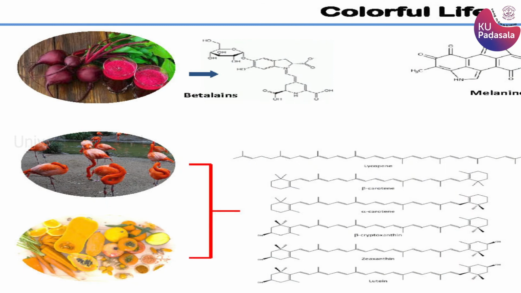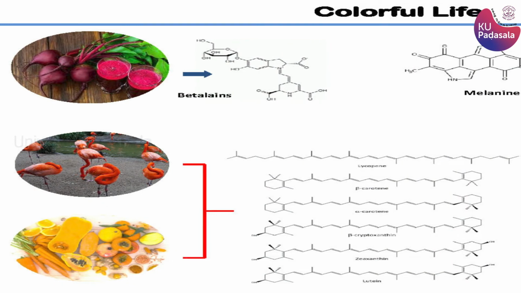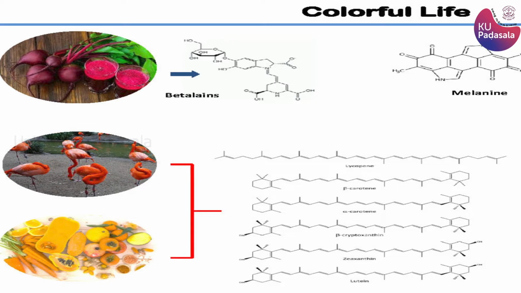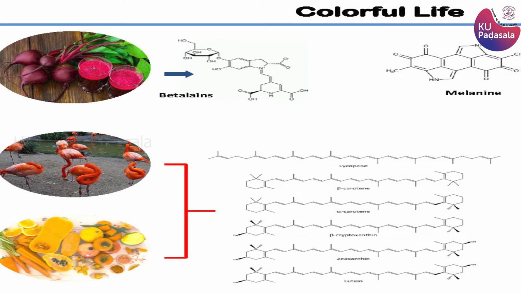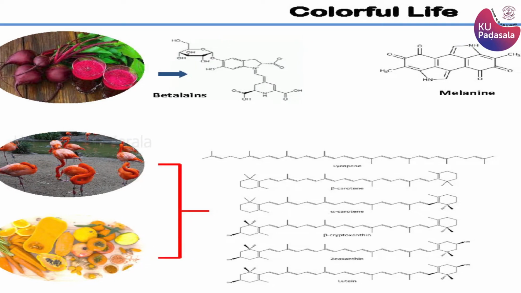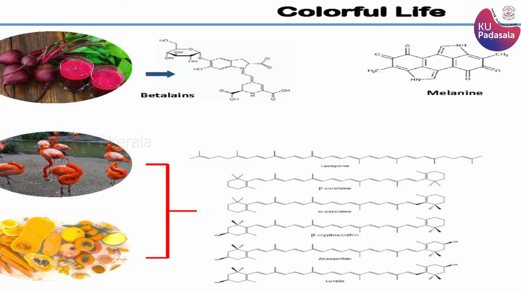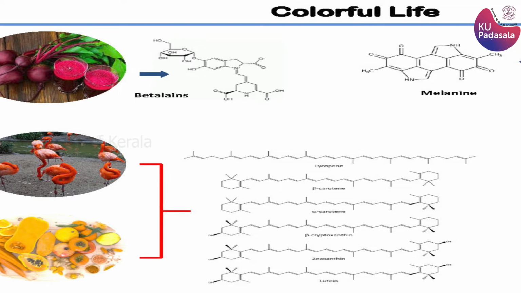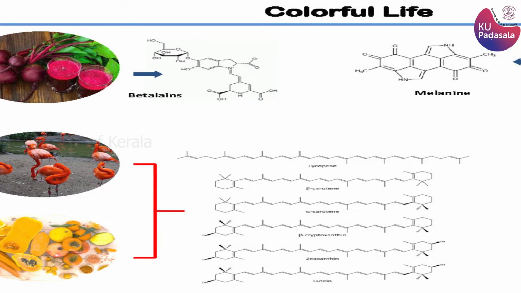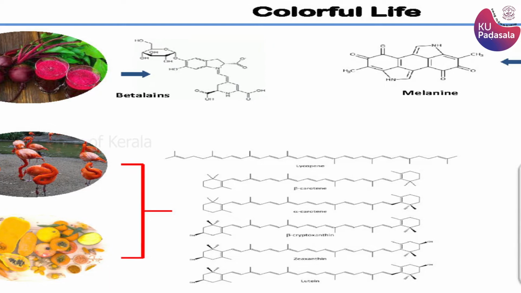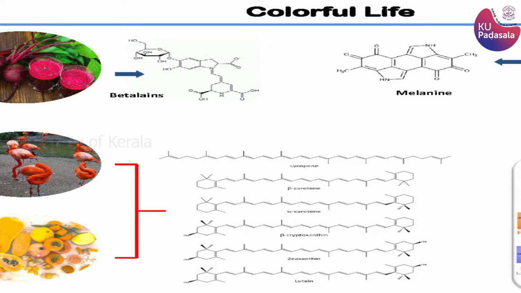Looking at this slide, I kept some figures that are relevant to our biological systems: the juice of beetroot, flamingos, vegetables in yellow colors, the iris and some other vegetables. All you can see are different colors of vegetables and animals related to our living systems.